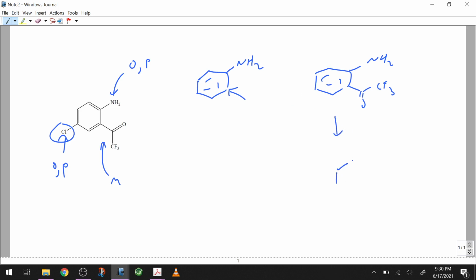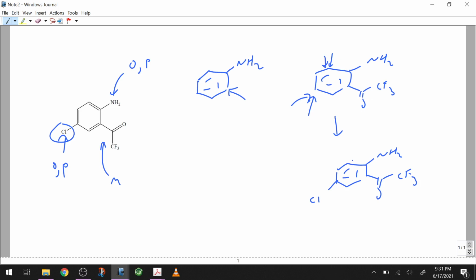So we're probably going to get something like this. Now it's not going to be quite this simple, but I'm just showing you the directing part. This is an ortho direction, this is a para direction, and a meta direction from the trifluoroacetate. Technically, so is this. So we might have an isomer problem there. It depends on what we've done with this nitrogen by the point we actually do this.